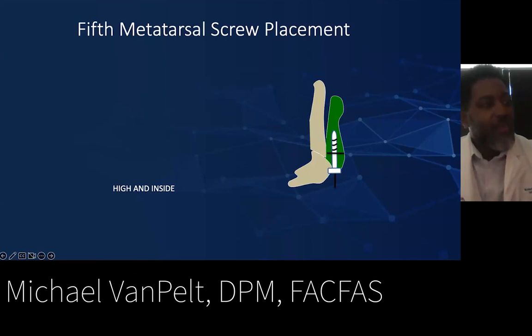Clinically, this is what we're looking at when you have the patient on the table. Very small incision for this injury. Typically, I'll make a small stab incision, bluntly dissect with a hemostat, and go distal to the base of the fifth metatarsal.